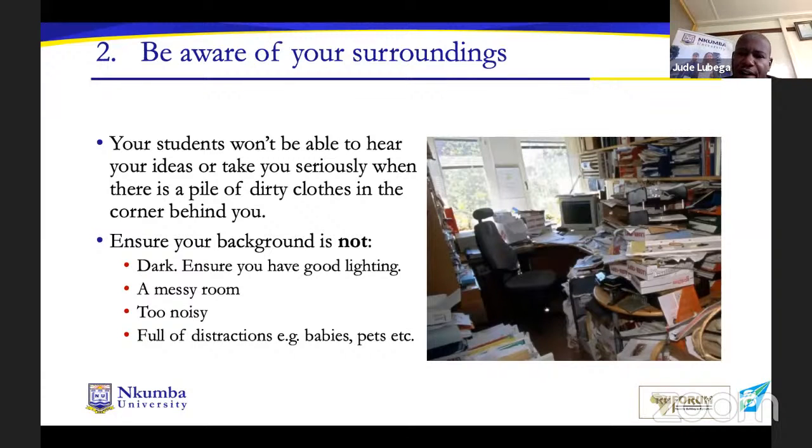So beware of where you are presenting from. Let it not be a bathroom. Let it not be a place where you are receiving a lot of interruption. You never know, you may have a pile of clothes being dried at your back because you're at home.